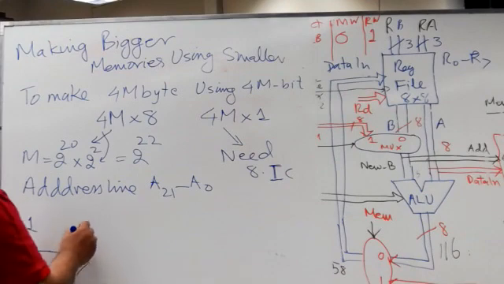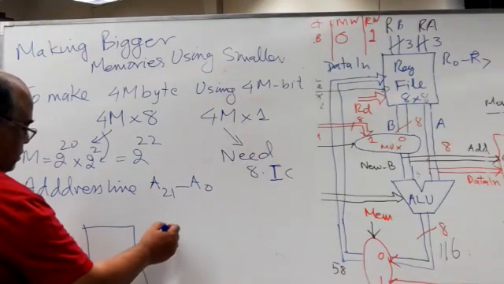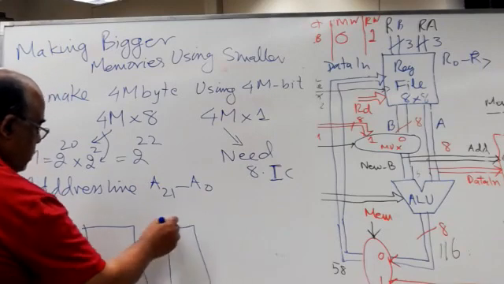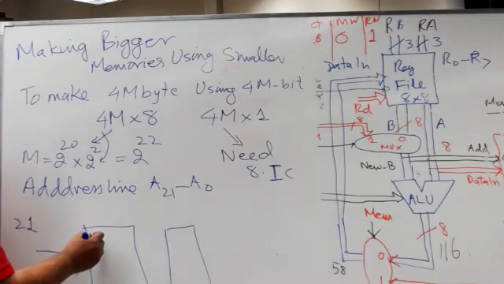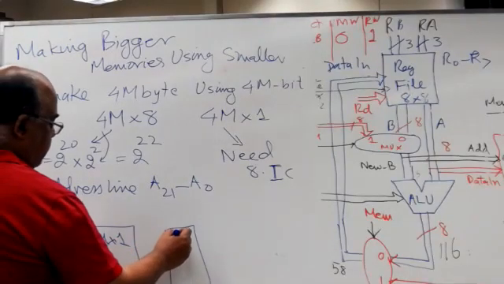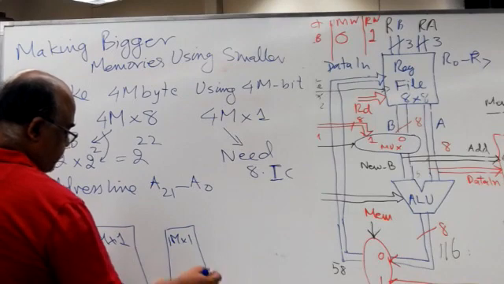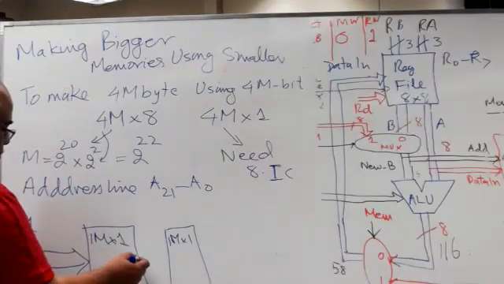These address lines, you will notice, will go to all of the chips. This is a chip for 1 megabyte multiplied by 1 bit that will store our D7. This is 1 megabyte multiplied by 1. This will store our D6. And these address lines go to all of them.